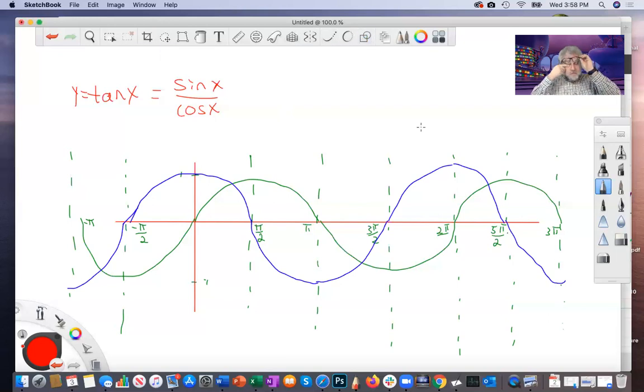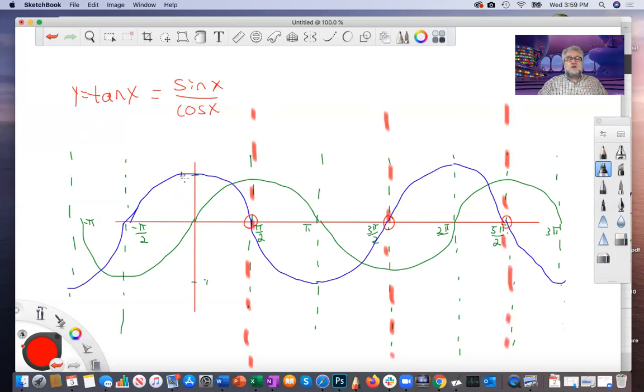Okay, so we're going to have an asymptote wherever cosine is equal to 0. So at all of these places, there's going to be a big fat asymptote. So I'm going to put one here, and one here, and one here.